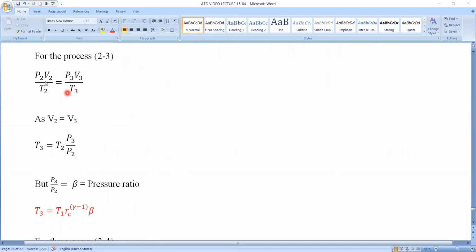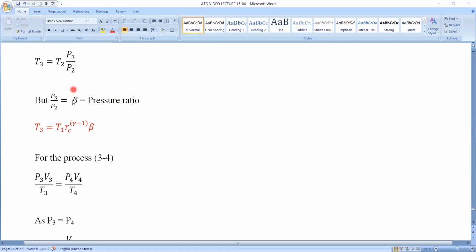Now we are left with P2 by T2 equals P3 by T3. Now do the cross multiplication, that is T3 equals T2 times P3 by P2. Now P3 by P2 is the pressure ratio, which is designated by beta. You already know the term T2 in terms of T1. Just substitute T2 in terms of T1, that is T1 RC raised to gamma minus 1, into P3 by P2, which is beta. Now we got T3 in terms of T1. I hope this is clear.